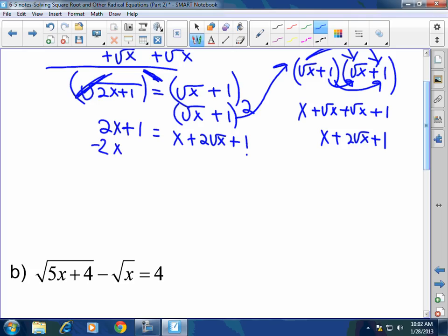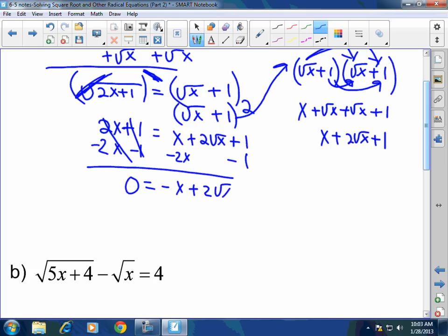So when I subtract my 2x and my 1, okay, this makes more sense now. 0 equals negative x plus 2 radical x minus 1. Let's add the x and add the 1.